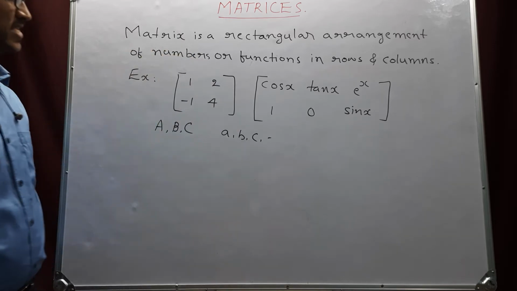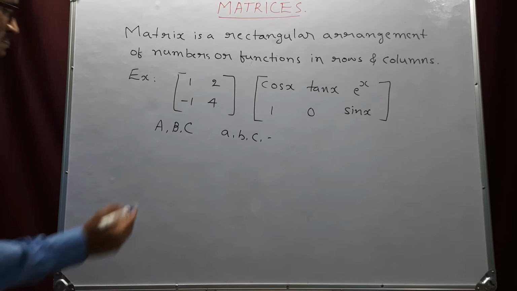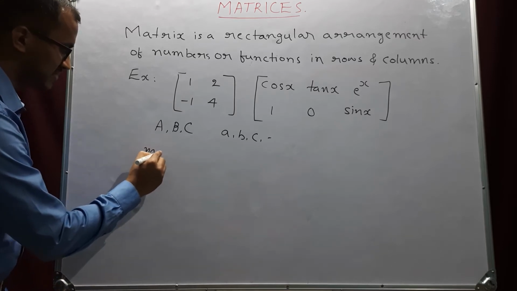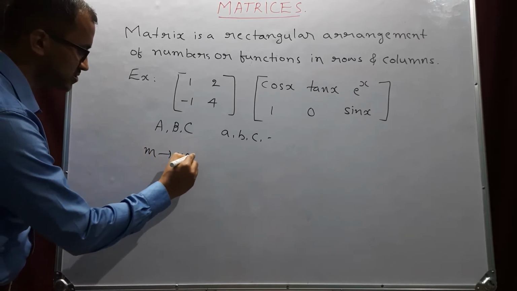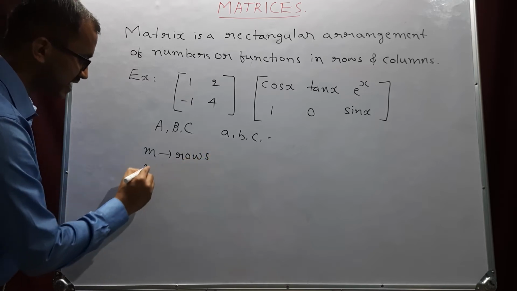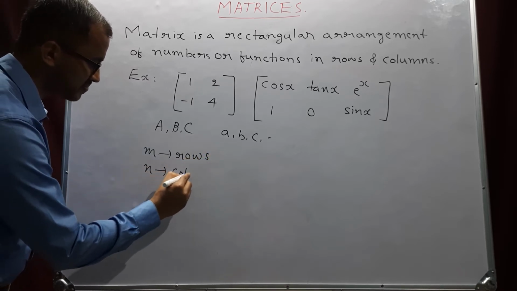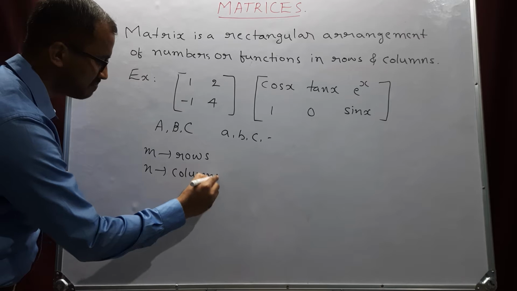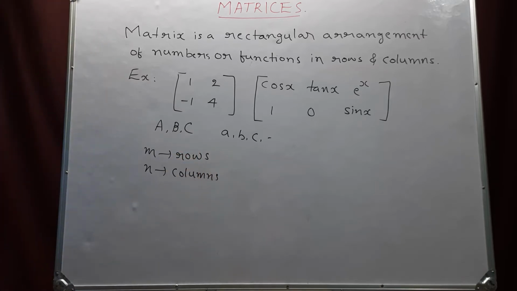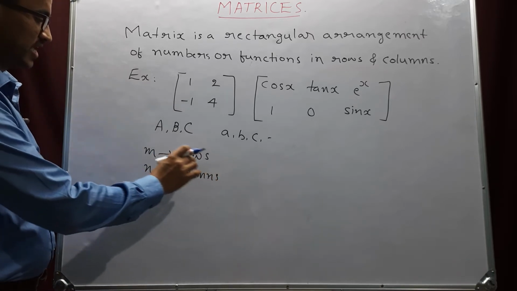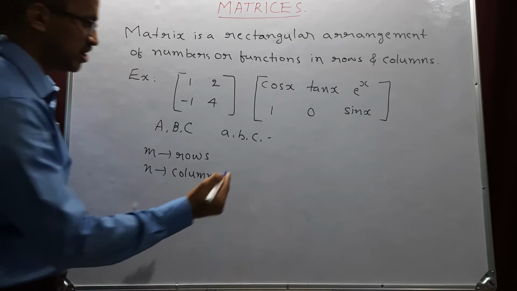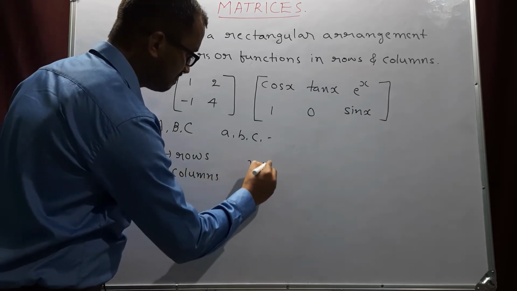So suppose consider a matrix having m rows and n columns. Then we are going to say this is the matrix of order m by n.